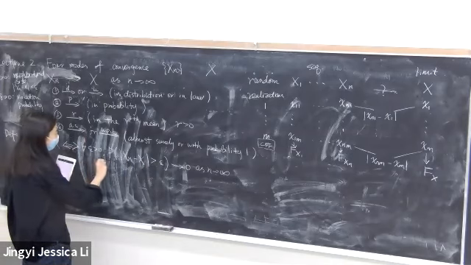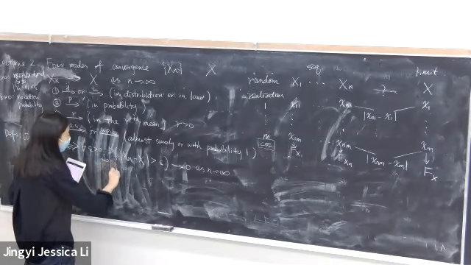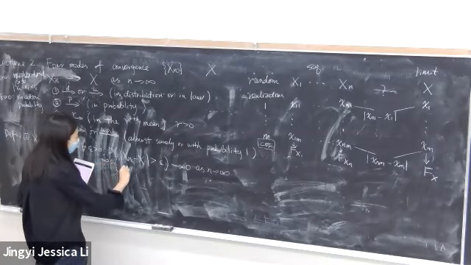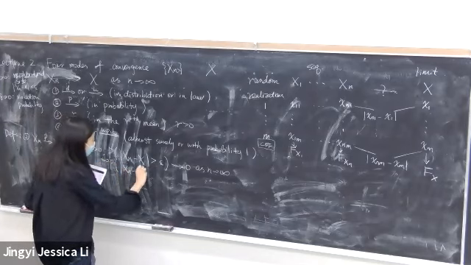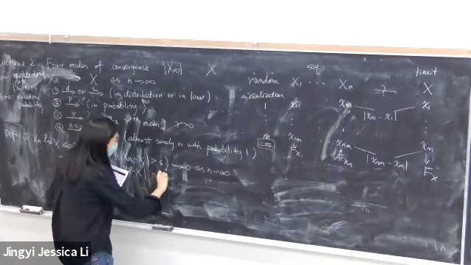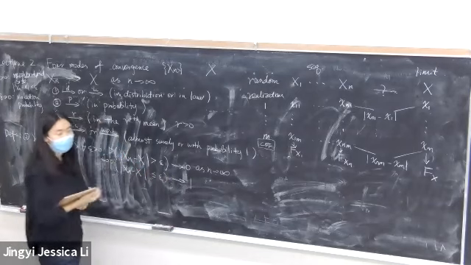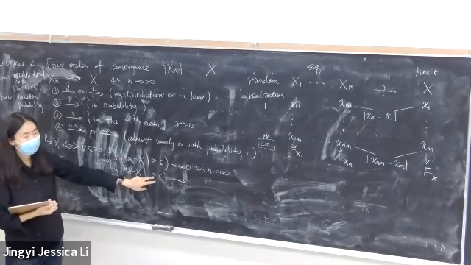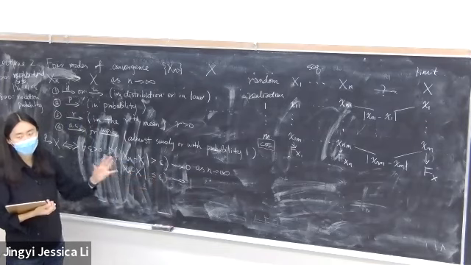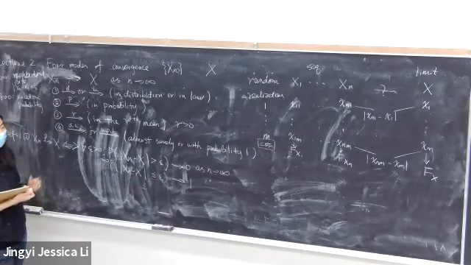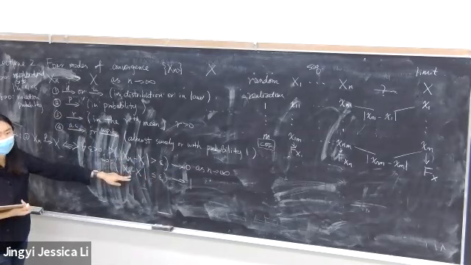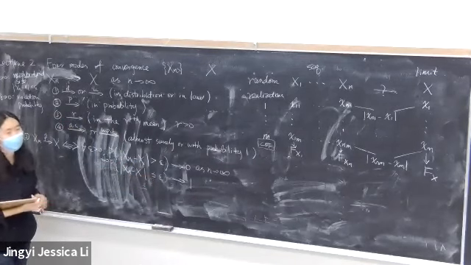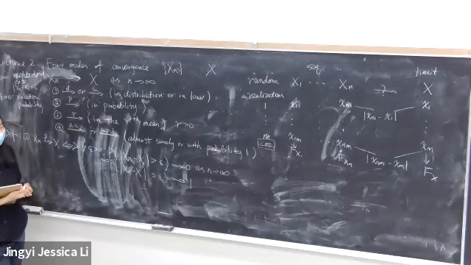Equivalently, we can say the probability that xn minus x is less than or equal to epsilon goes to 1. Over there, I may have written this as less than, not the equal sign, but I think that's a minor thing, because usually when we talk about continuous random variables, the equal sign always has 0 probability.